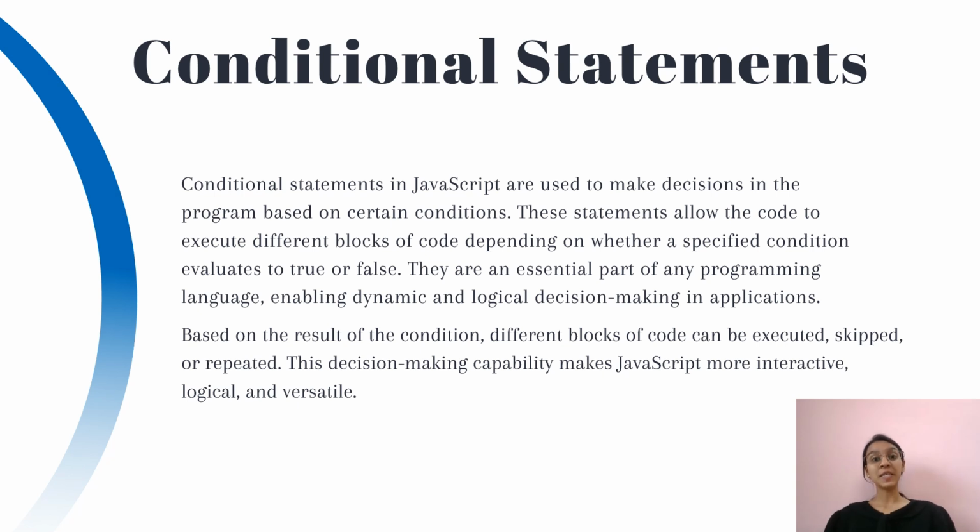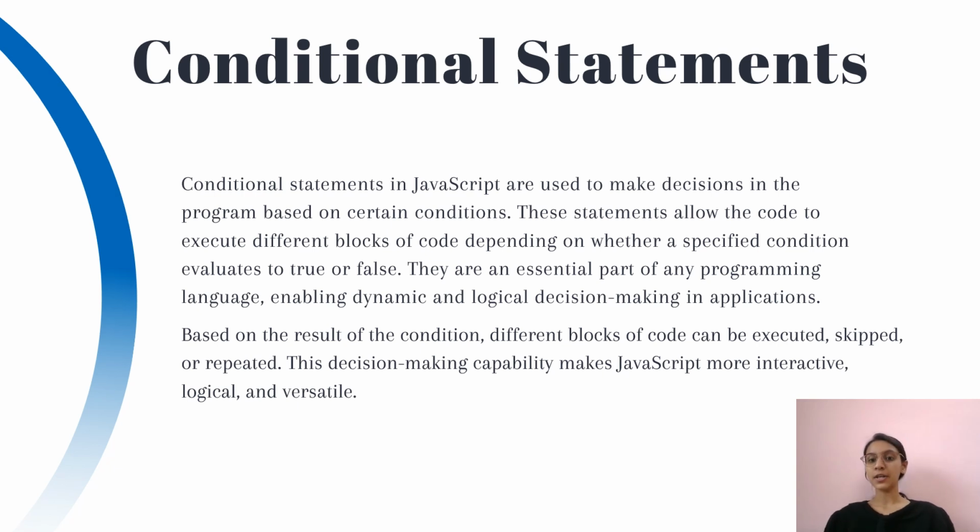Now, we will see the conditional statements in JavaScript. Conditional statements in JavaScript are used to make decisions in the program based on certain conditions. These statements allow the code to execute different blocks of code depending on whether a specified condition evaluates to true or false.